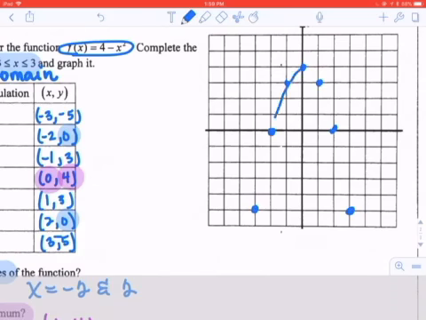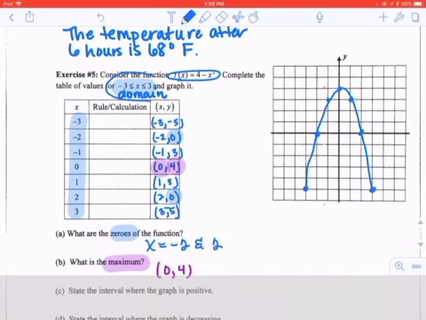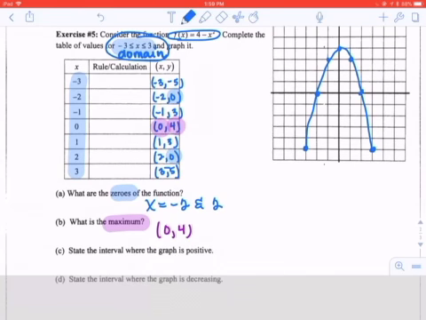Okay, now we do not put arrows at the end points here because we're graphing it over a specific interval, the domain of -3 to 3. So we're not going to put arrows. We're only going to look at it from -3 to +3 for our domain.